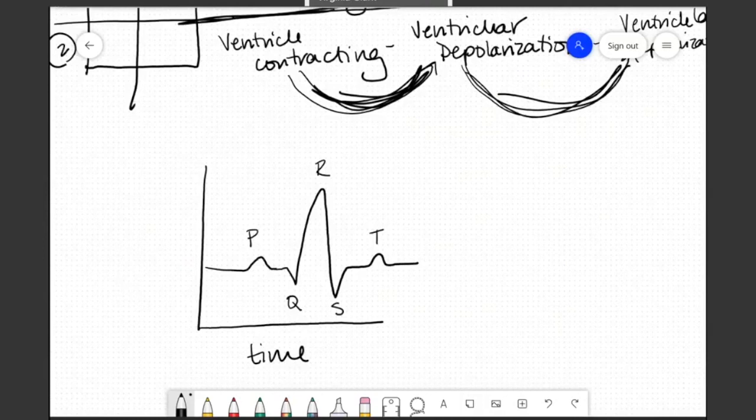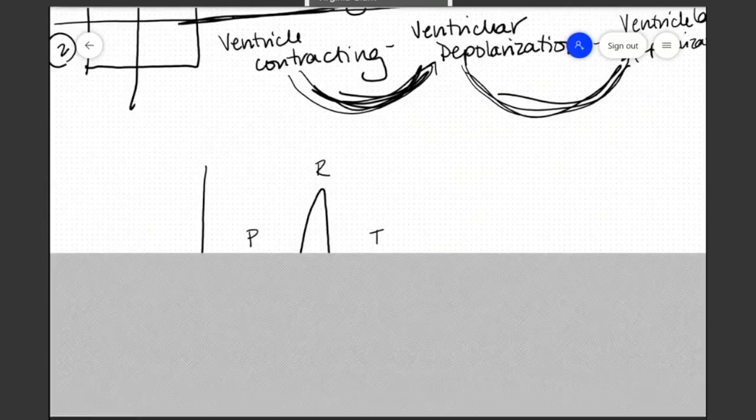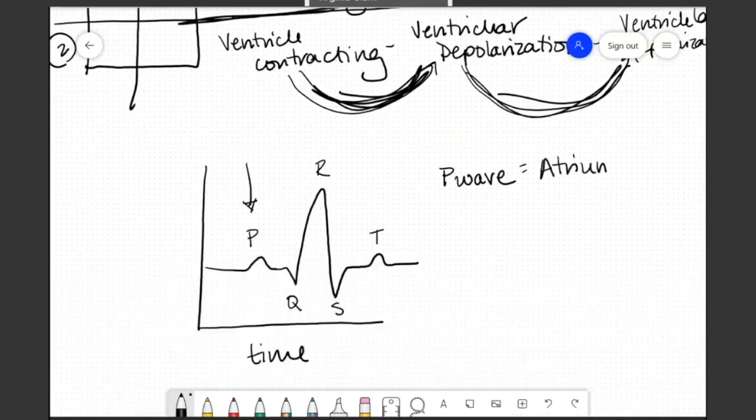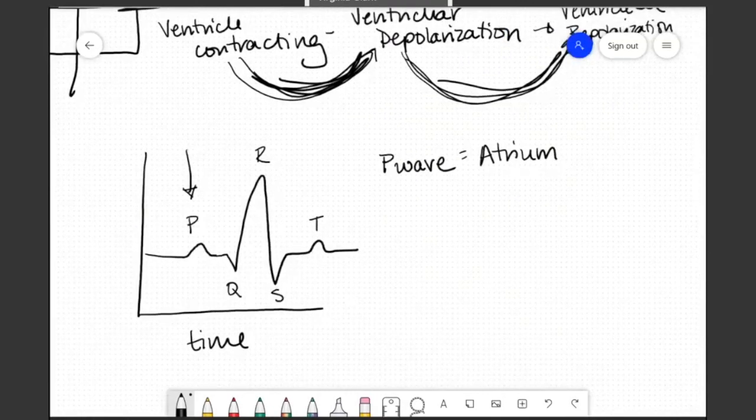So when you are actually going to have the P wave, this guy right here, this is what you see on an EKG when you are seeing your atrium going through the process of depolarization. So when your atrium are actually contracting and you're seeing a depolarization in that electrical signal, it shows up on the graph in this P wave.